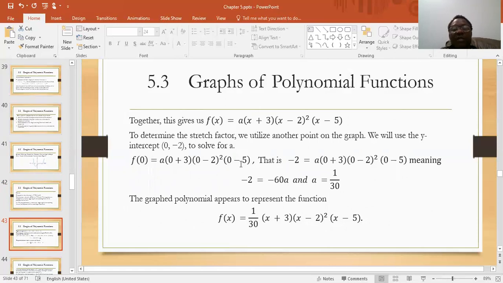So now using that, we want to determine what a is by taking the y-intercept, which is when x equals 0, the value should be -2, and solve for a to get a equals 1/30. So the function should be f of x equals 1/30 times (x plus 3) times (x minus 2) squared times (x minus 5).